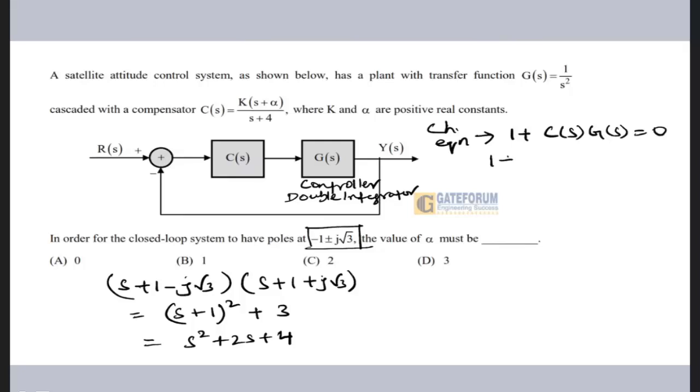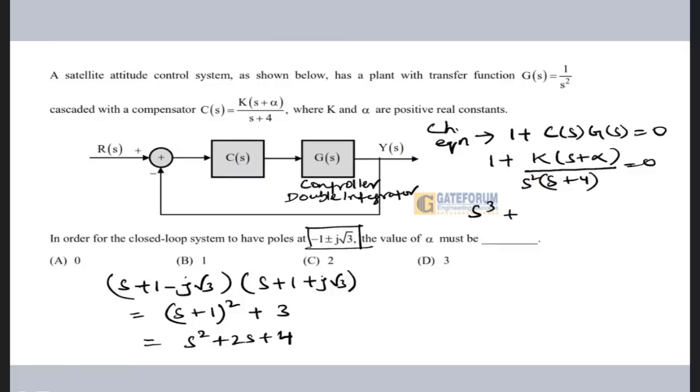So 1 plus k into (s plus alpha) divided by (s plus 4), times G(s), which is 1 upon s square, equal to 0.